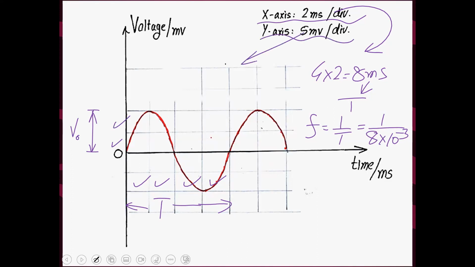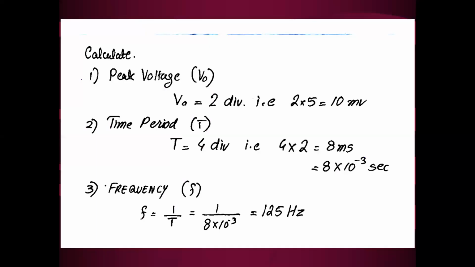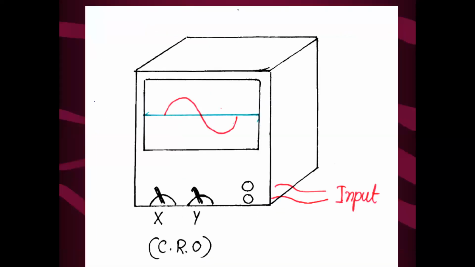So 5 into 2 is equal to 10 millivolt. What is the concept actually to be learned here? That it's a game of counting the boxes. Count the boxes and multiply it with the number of units.